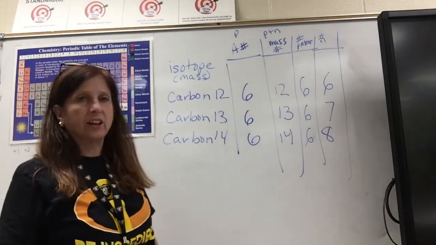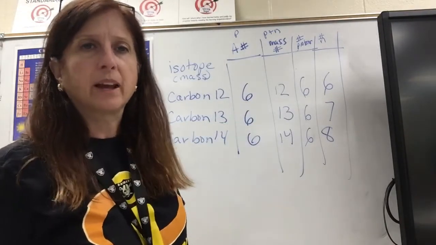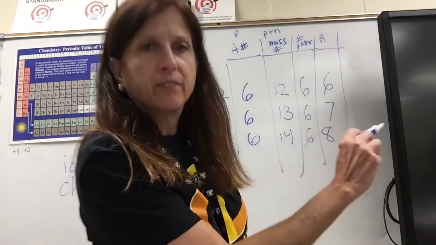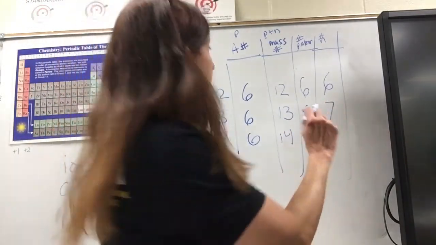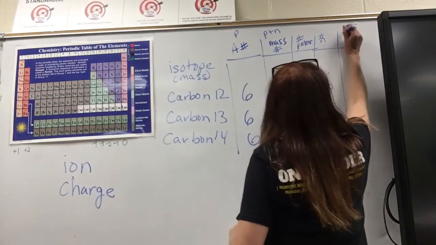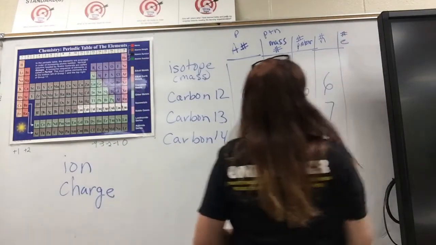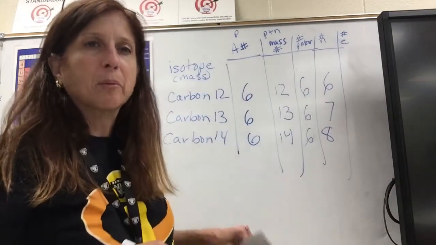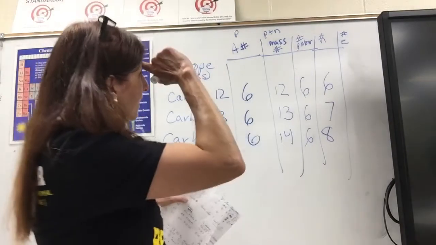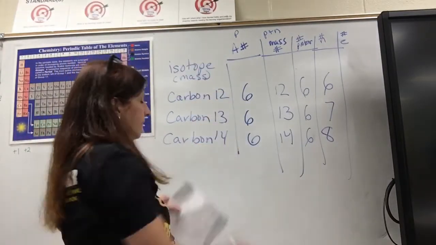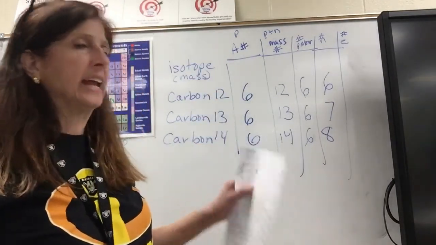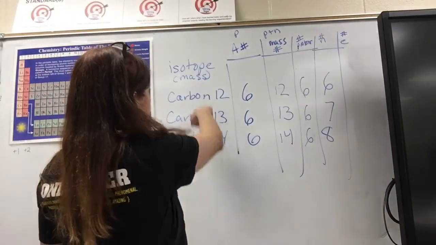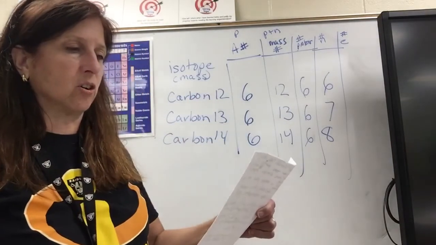Okay, the next thing it will ask you is the number of electrons. If it is neutral, the electrons are the same as the protons, and none of this indicates that it has a charge.